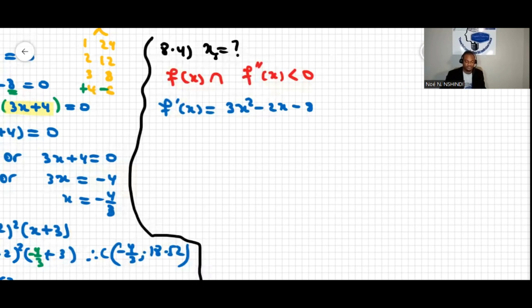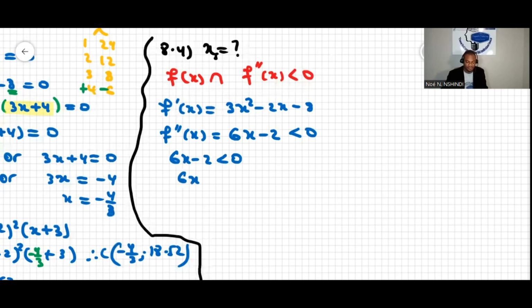So that's the first derivative, meaning the second derivative will become 6x minus 2. Now we're going to set this less than 0. This means 6x minus 2 is less than 0. If I move the 2 over, and then divide by 6 and by 6, x must be less than 1/3.